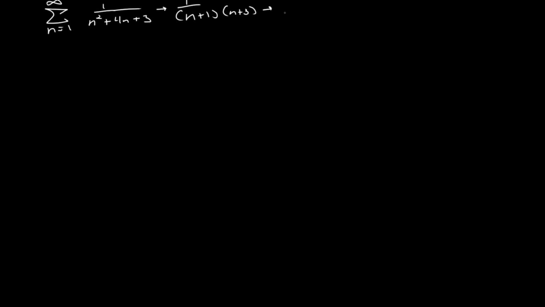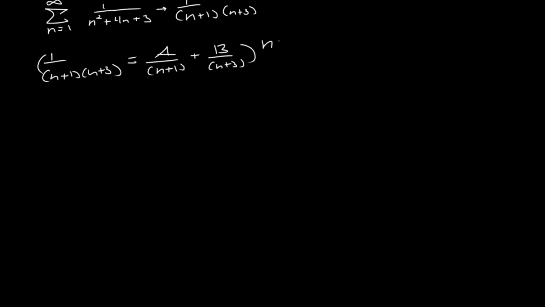So we can do this by first rewriting the fraction down here, setting it equal to A divided by the smaller of the factors plus B divided by the larger of the factors. Next, we can multiply everything by n plus 1 times n plus 3.